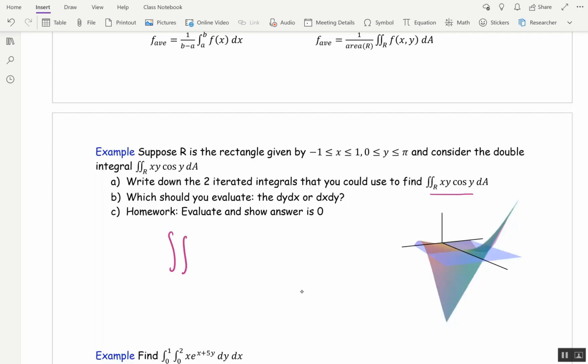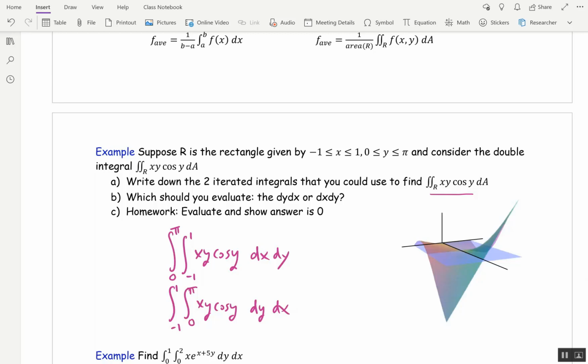So we're going to go x, y, cos y. Our options are dx dy or dy dx. Now the limits, if we go x first, we need to put the x limits on the inside and then the y limits. If we go y first, we've got to put the y limits on the inside, 0 to pi, and -1 to 1, the x limits go on the outside.